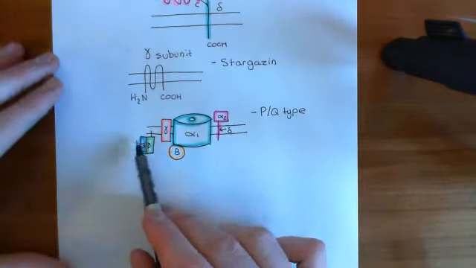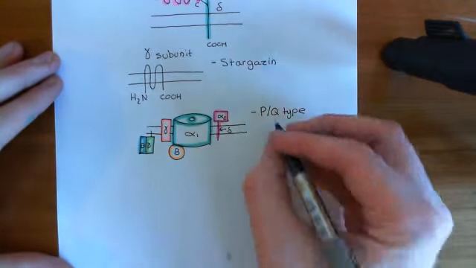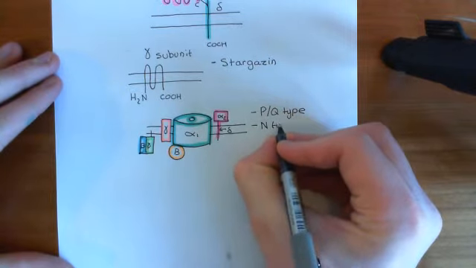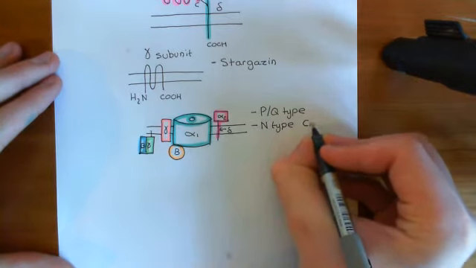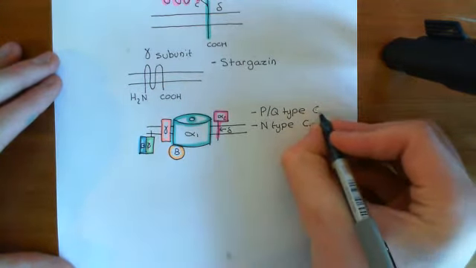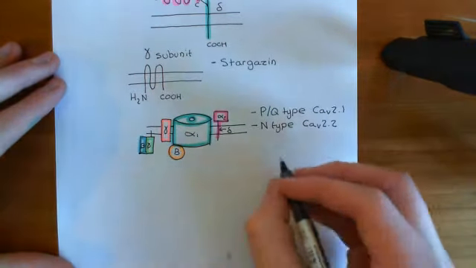Basically, this beta-gamma complex here can bind and inhibit PQ-type voltage-gated calcium channels, also N-type voltage-gated calcium channels, which, remember, have an alpha-1 subunit which is CaV2.2. So I'll just list them out here. This is CaV2.1, this is CaV2.2.